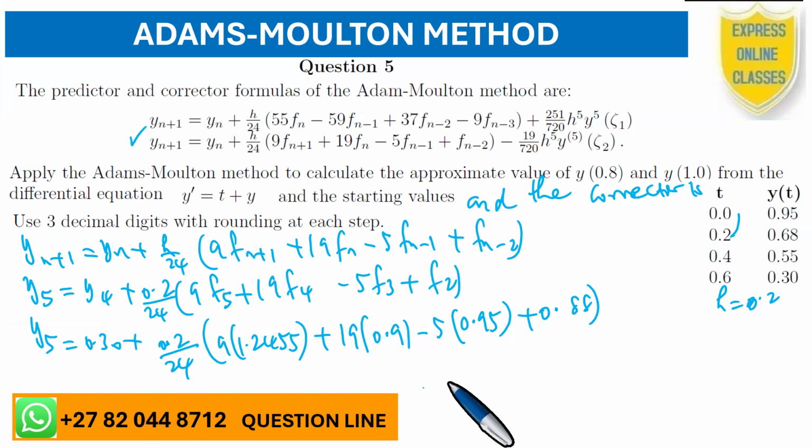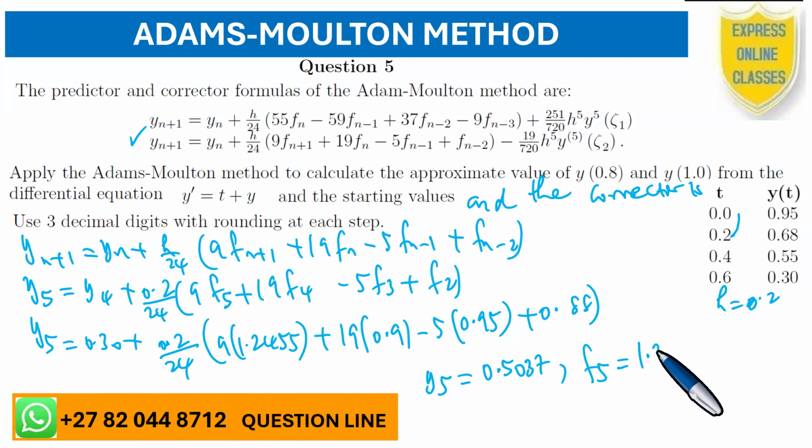Therefore you'd have a Y5. If you use a calculator, you're going to get 0.5037. And then you would continue to get an F5, and the F5 becomes 1.3037. Why is it the case? As said already, F5 becomes T5 with Y5.